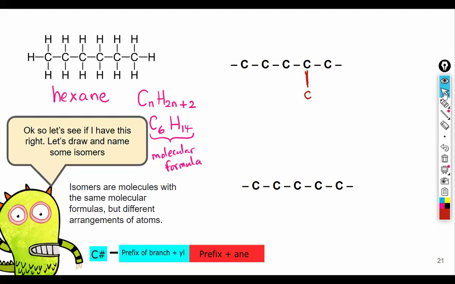I can prove it here. The answer was on the screen. Look at this carbon here. How many bonds does it have coming out? 1, 2, 3, 4. Any carbon you choose will always have 4 covalent bonds touching it. Always. If it doesn't have 4, you did something wrong.